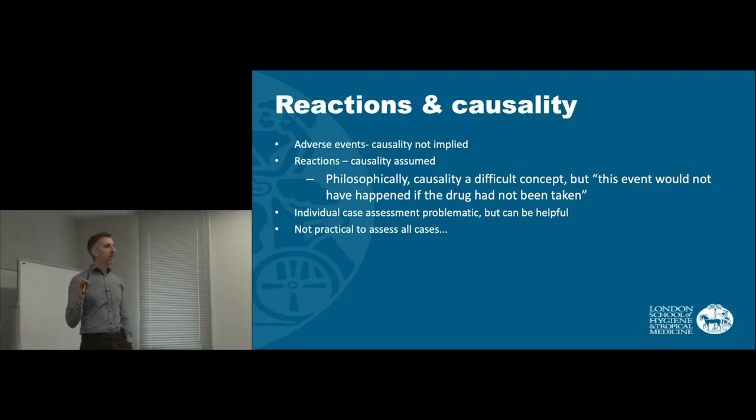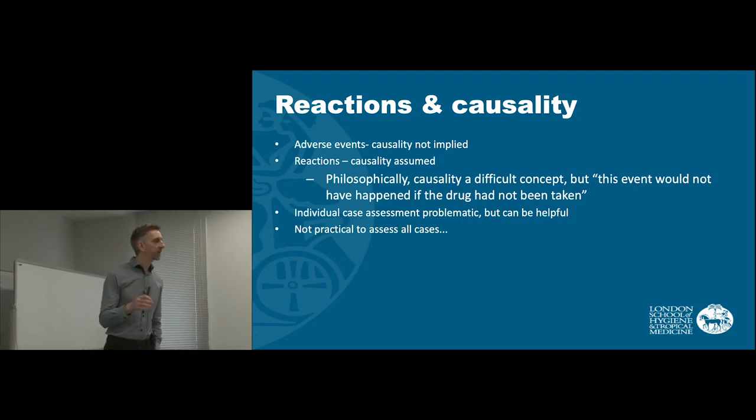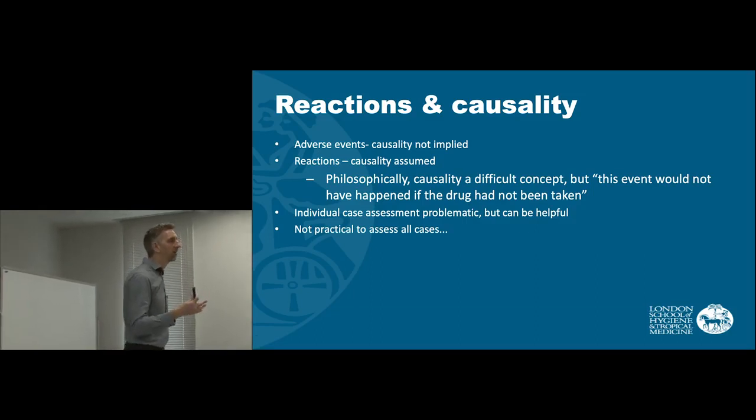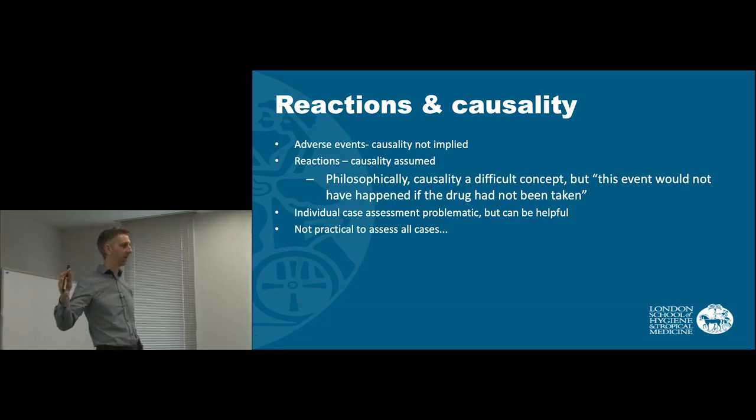One thing to think about is the concept of causality. So in a spontaneous reporting system, we're asking people to make a personal decision about what happened to somebody after they received a medication and then a harmful event happened.